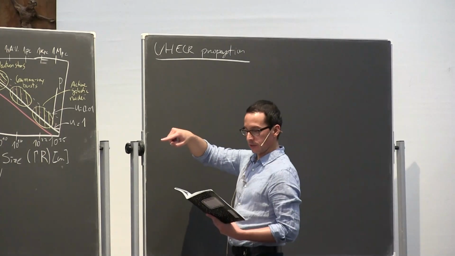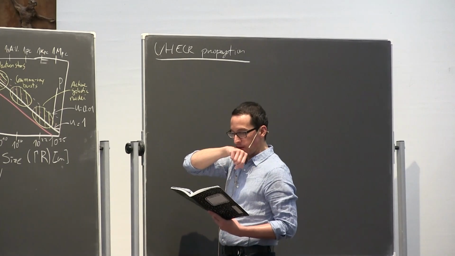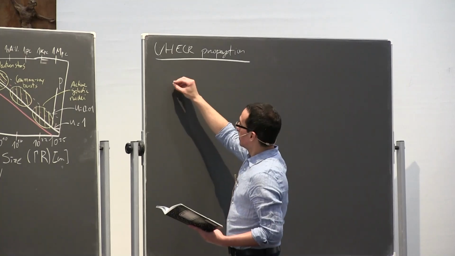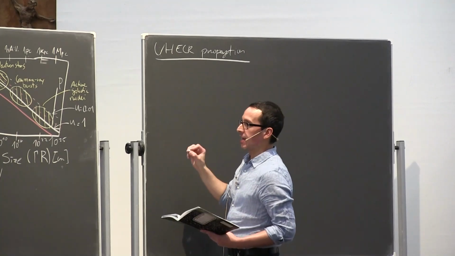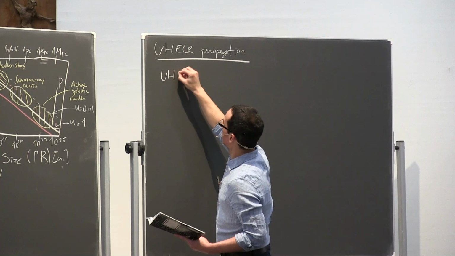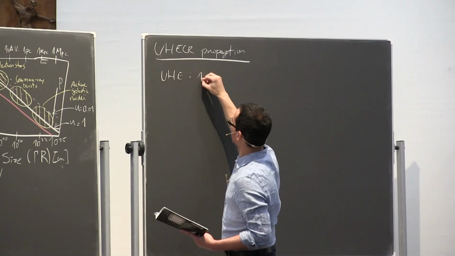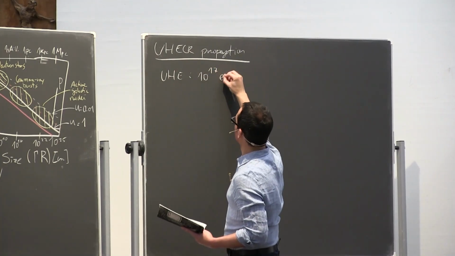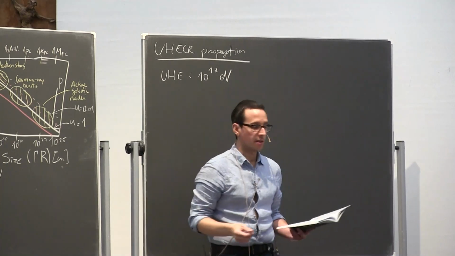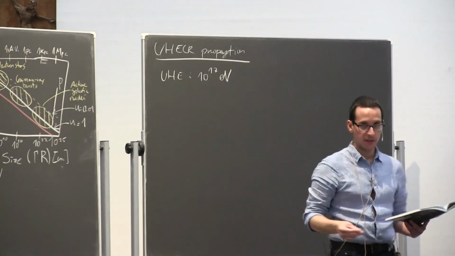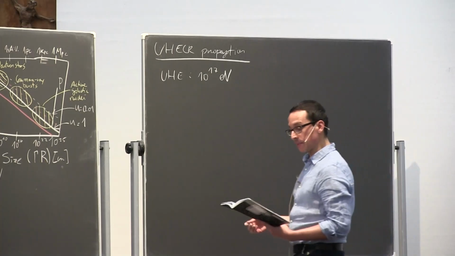So the Larmor radius that we had written over there also tells us that at energies above 10 to the 17 electron volts or so, these cosmic rays cannot be made in the galaxy because they would have escaped.